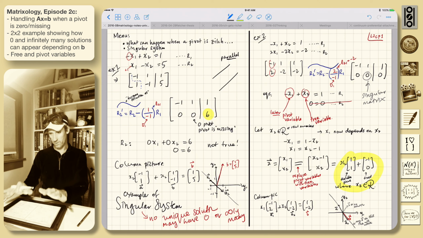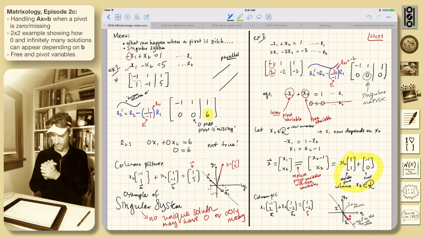So this is the kernel of a lot more that's going to come along later on. There's really just 2 by 2s, but we need to be able to do it for larger and larger things. But that's really important. Once you have a singular matrix situation, you could have 0 solutions. You could have infinitely many. You will not have one.